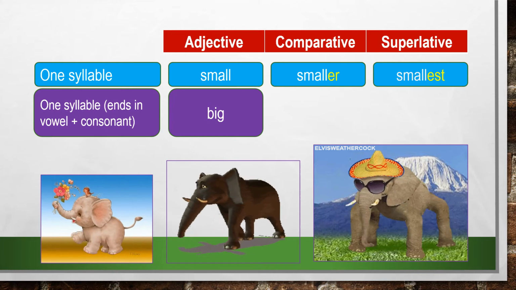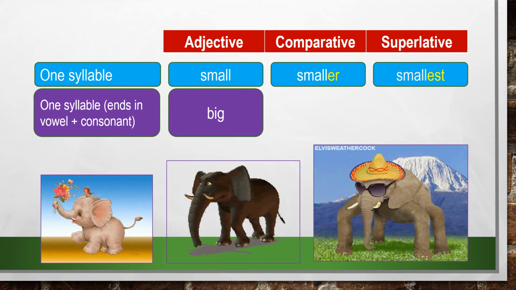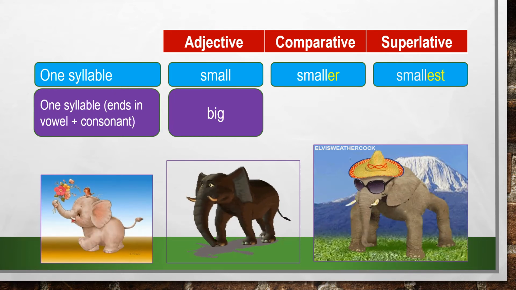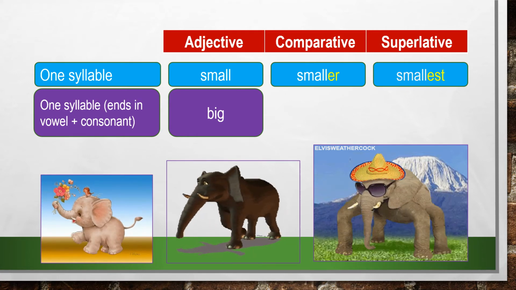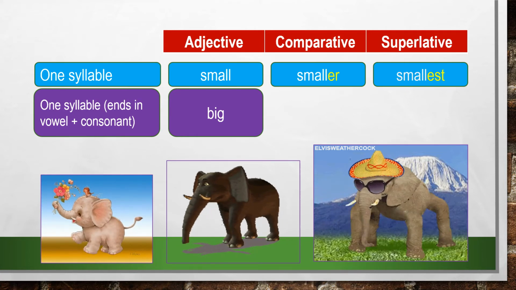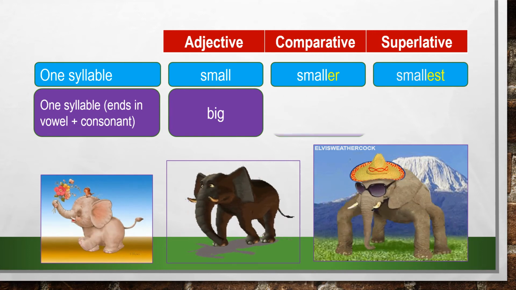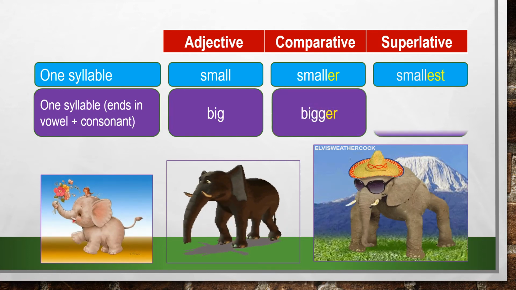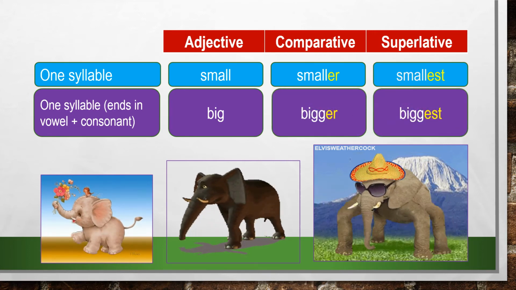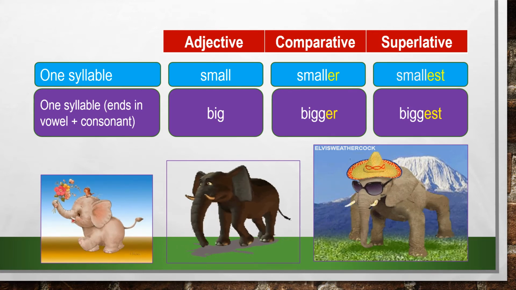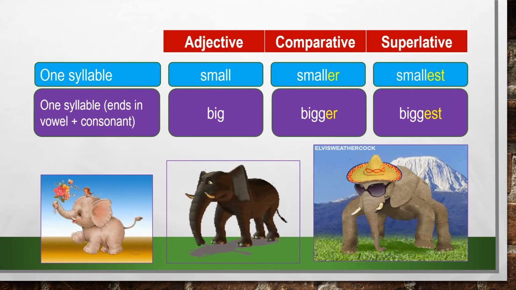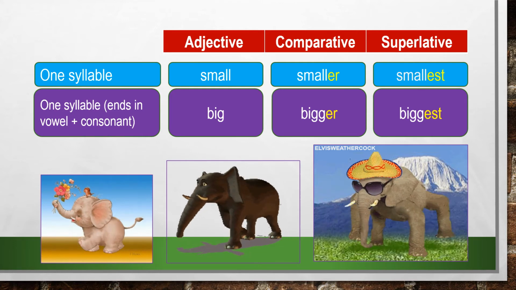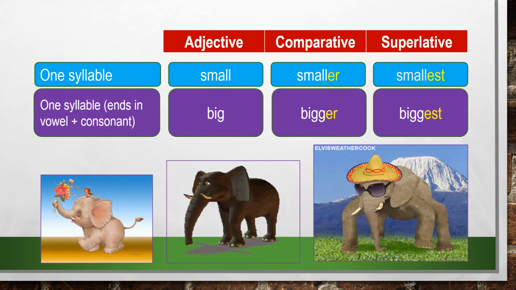Kita kena double the consonant. Maksudnya G tu jadi dua, B-I-G-G, kemudiannya ditambah dengan er ataupun est. Big would be bigger and biggest. So we've doubled the final letter G and add the ending er for comparative adjective and est for superlative adjective.